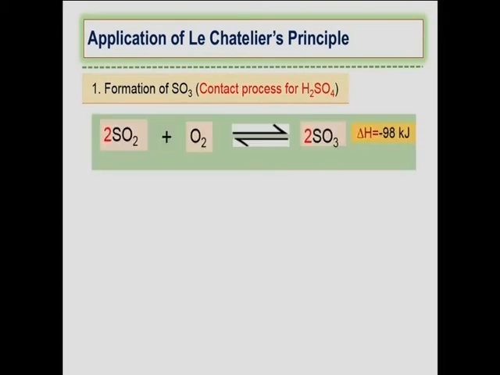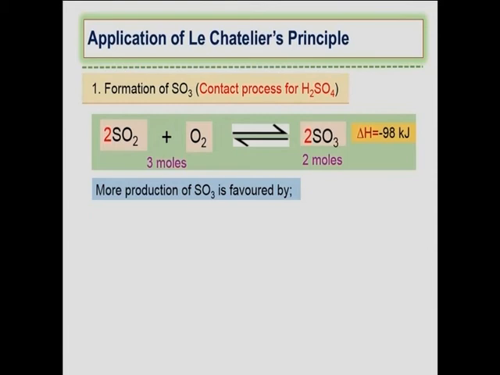So this is the process of preparing sulfur trioxide, and if you want to produce more sulfur trioxide, first you will have to look at conditions like pressure, concentration and temperature. So you have 3 moles at the reactant side and 2 moles at the product side. Let us look at the factors that favor more production of sulfur trioxide. The first factor is concentration.